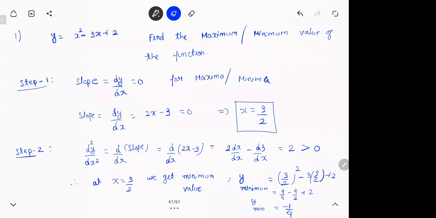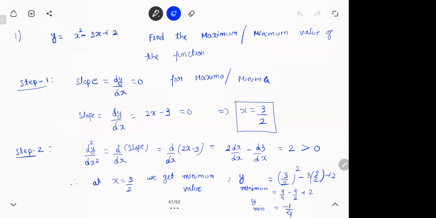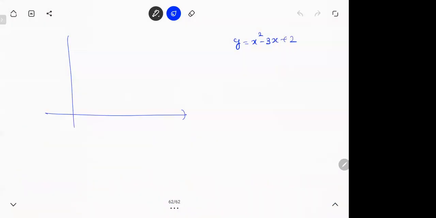Now, if you draw the graph of this function, x square minus 3x plus 2, now you know how this thing looks like. This is how the graph looks like.